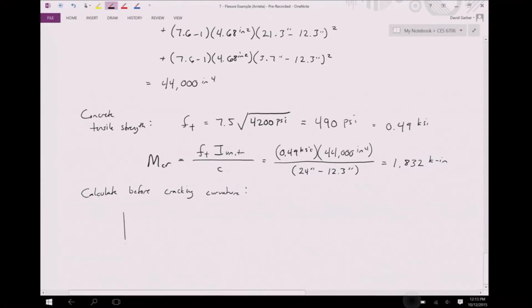So we'll have our strain diagram that we've been working a lot with. We'll have our curvature there. And we know this distance.